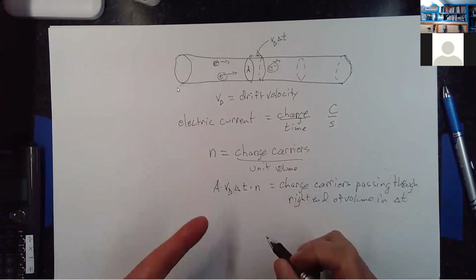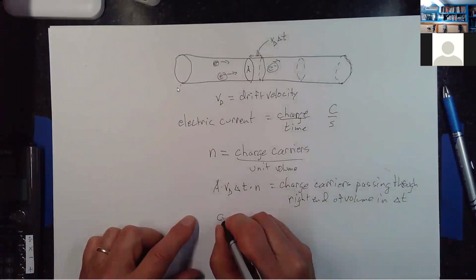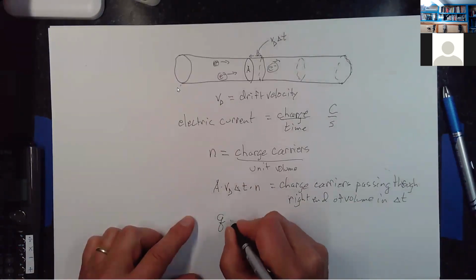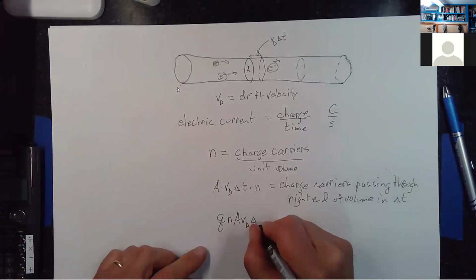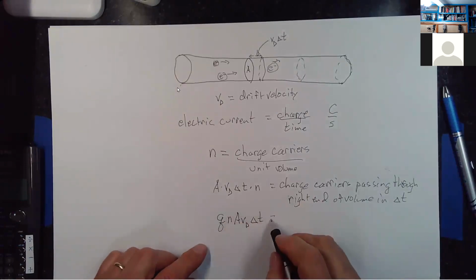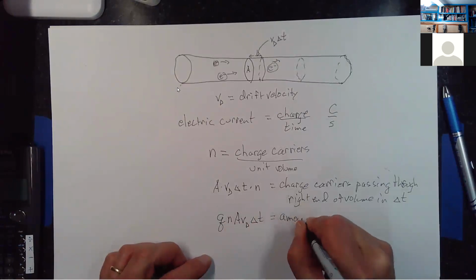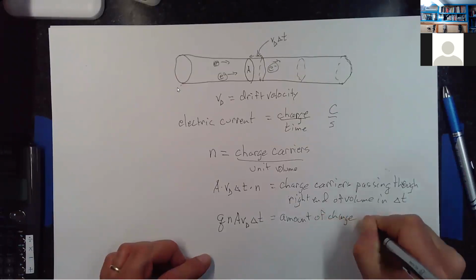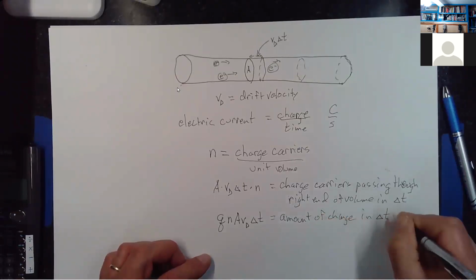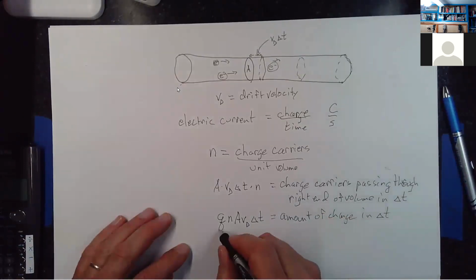We know what the charge is on electrons, but let's just call it Q. So it'll be Q N A V sub D delta T that is the amount of charge in delta T.